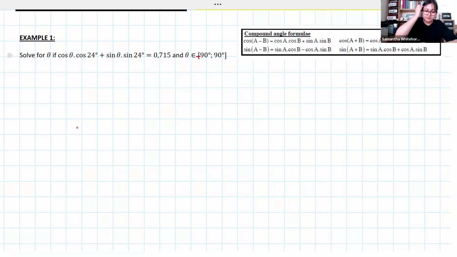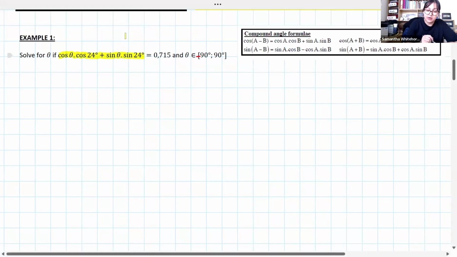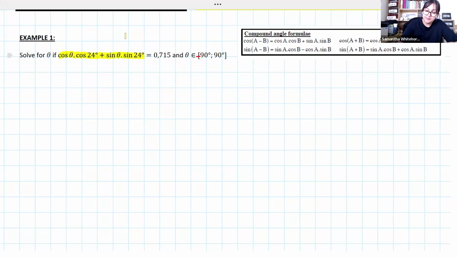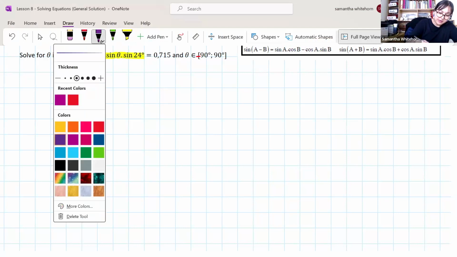Okay. So looking at the equation that we've been given, hopefully what we're noticing is this is a compound angle formula. We've got a cos plus a sine. And when we've got cos plus a sine, we're working with the compound angle formula of cos A minus B. Right, so what that means is we can apply our formula here. Get a better pen going.